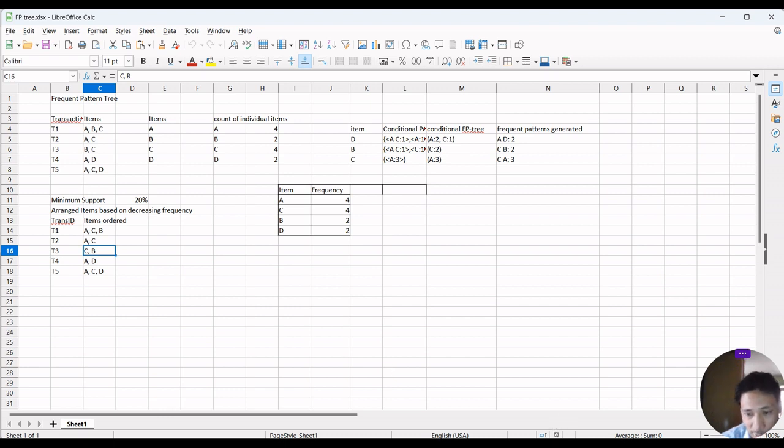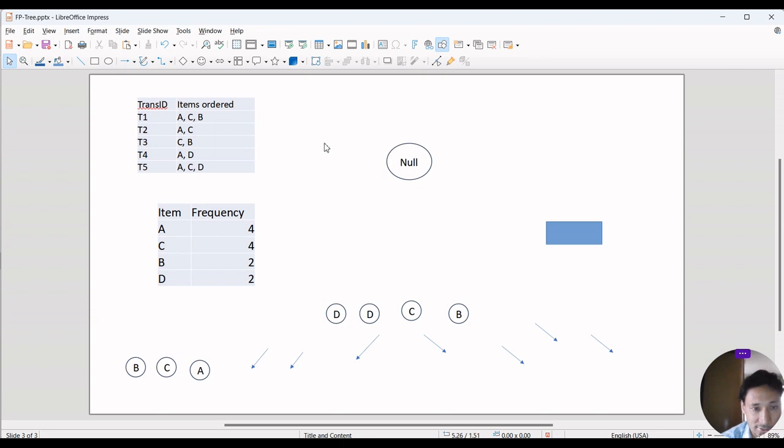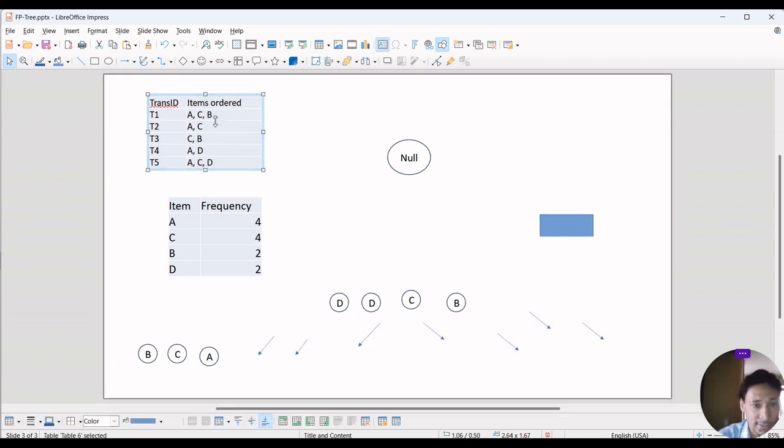Then now let's see how to create the frequent pattern tree using this ordered transaction. Here we will initially create a node, that is the root node null, because there are no branches. So first we will consider the first transaction, ACB. Now we will start creating a branch from this null.